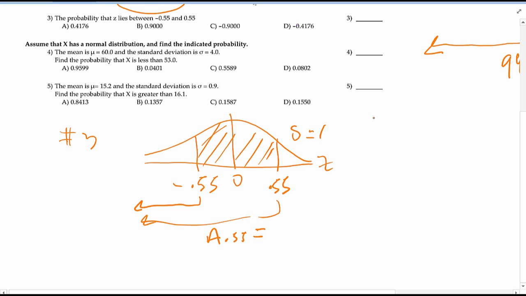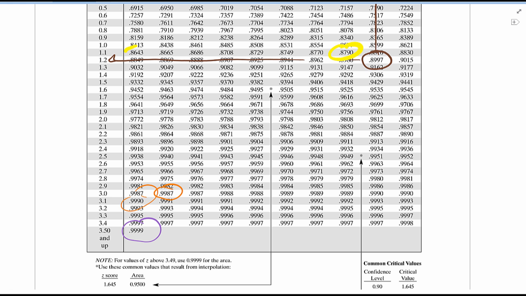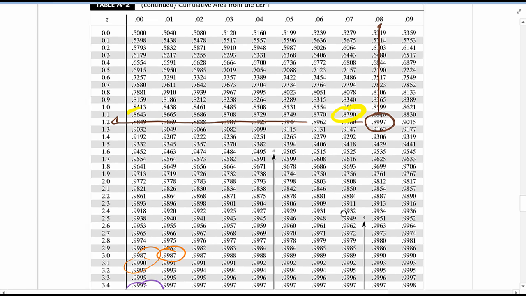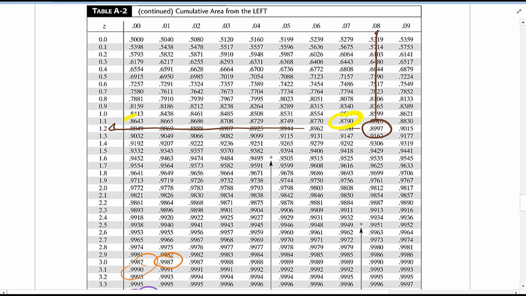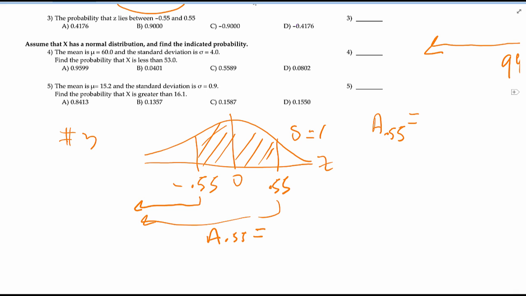So let me go to the positive table. The area below the z value 0.55 in the positive table is 0.7088. So this whole area is 0.7088 as a decimal.